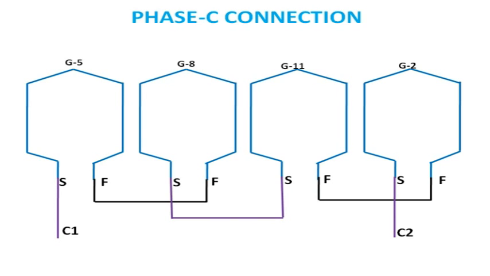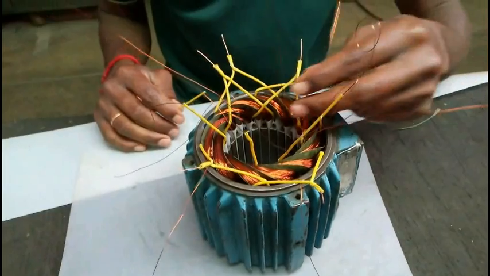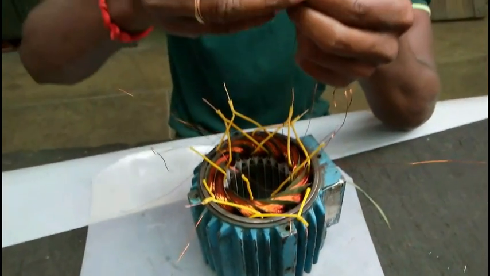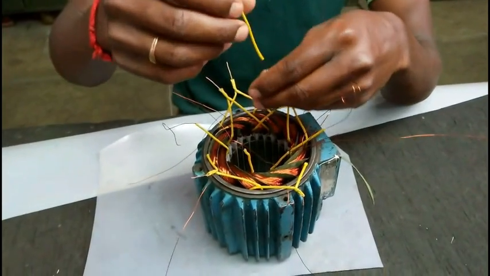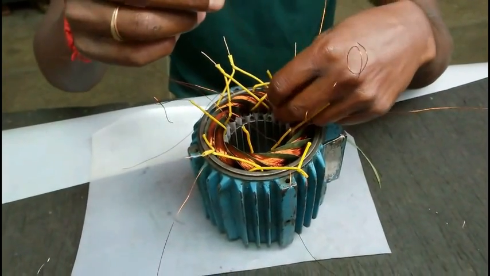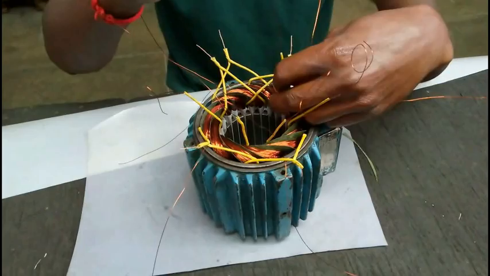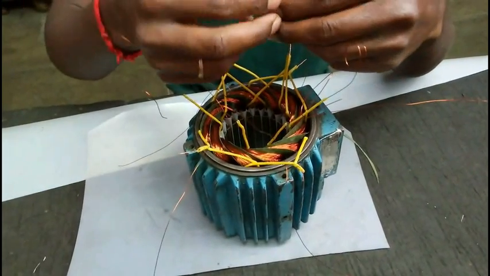We should note that the C2 terminal will always come in between the A1 and B1 terminals. This is the starting terminal of group 5, that is the C1 terminal, and it will be just 1 coil group gap after the B1 terminal.